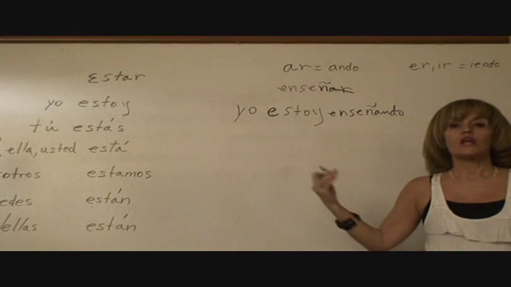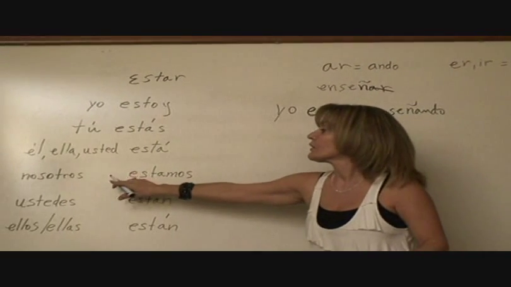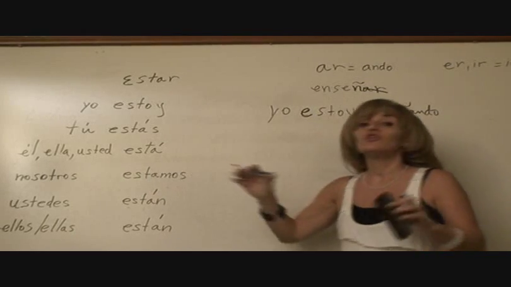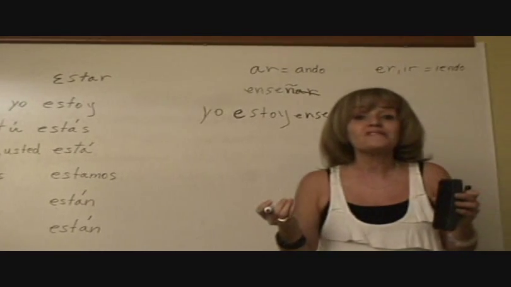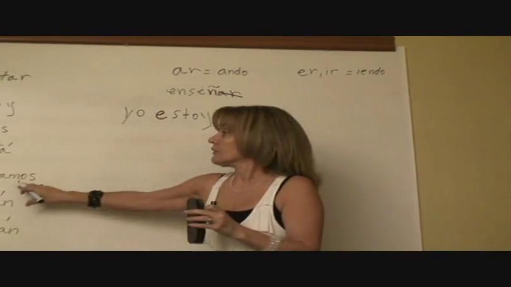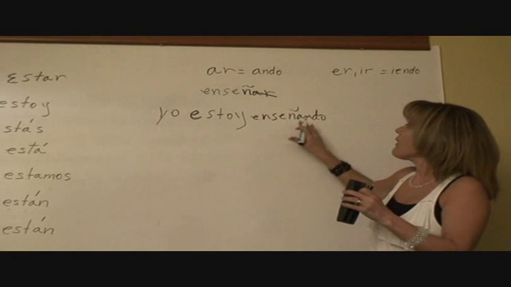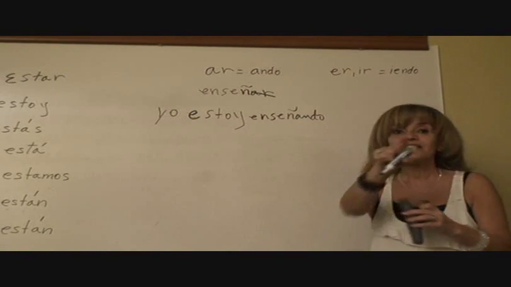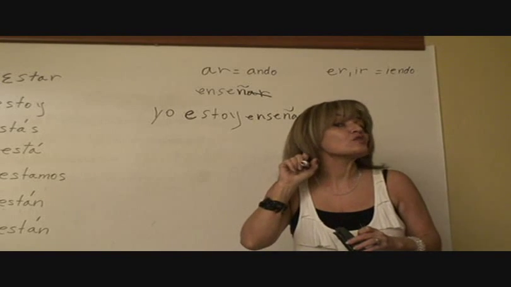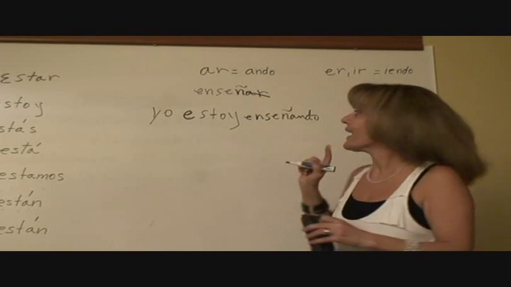You do that with every subject. We could say nosotros. Then use, of course, the correct form of estar that goes with nosotros. Nosotros estamos hablando. Drop the AR and add ando. Ustedes. Ustedes están escuchando.